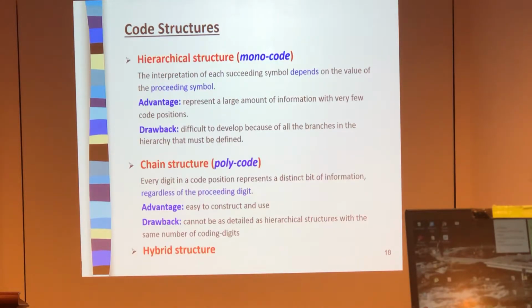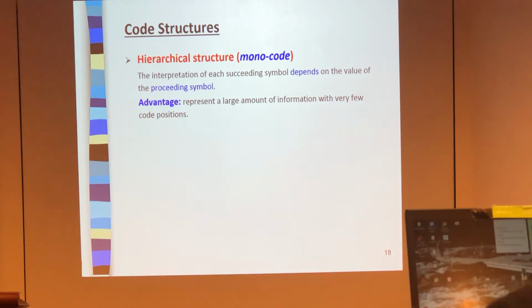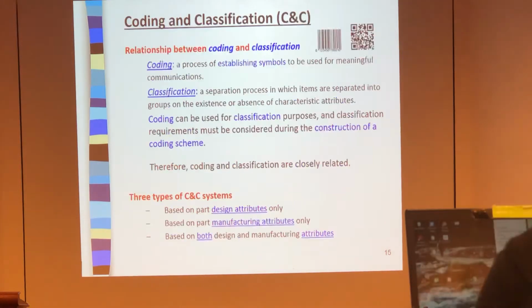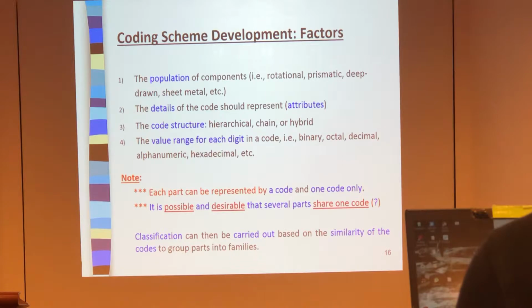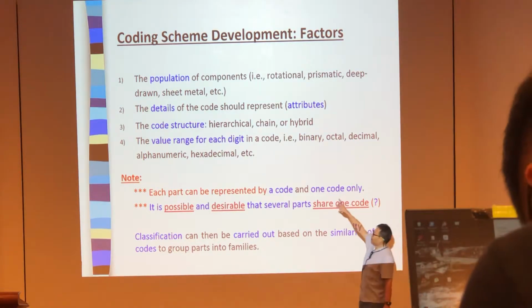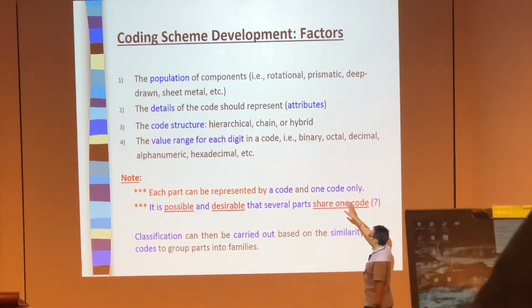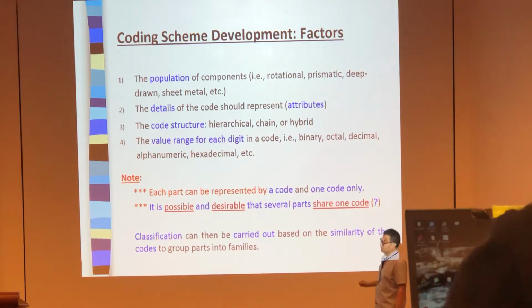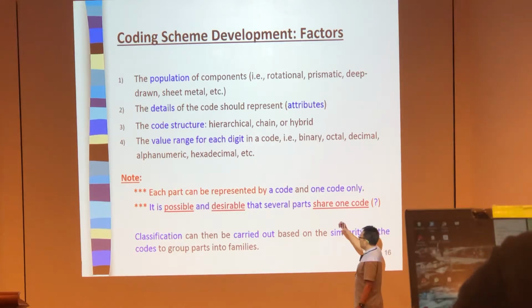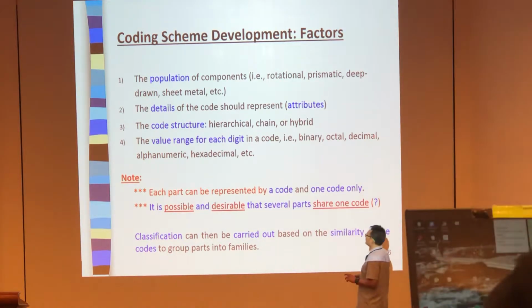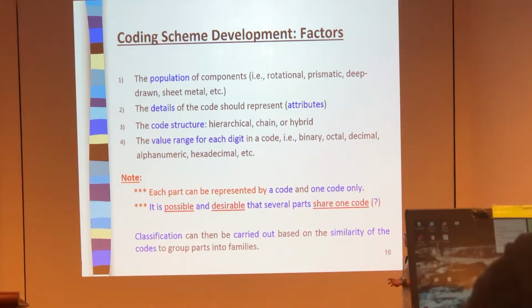Okay. So that is point number 3 we need to take care of in the development of your own coding system. First define the population, then the detail the code should represent, which means the attributes you want to cover, then the code structure you want to use, and finally, for each digit, the value range, depending on how fine the information you want to represent.